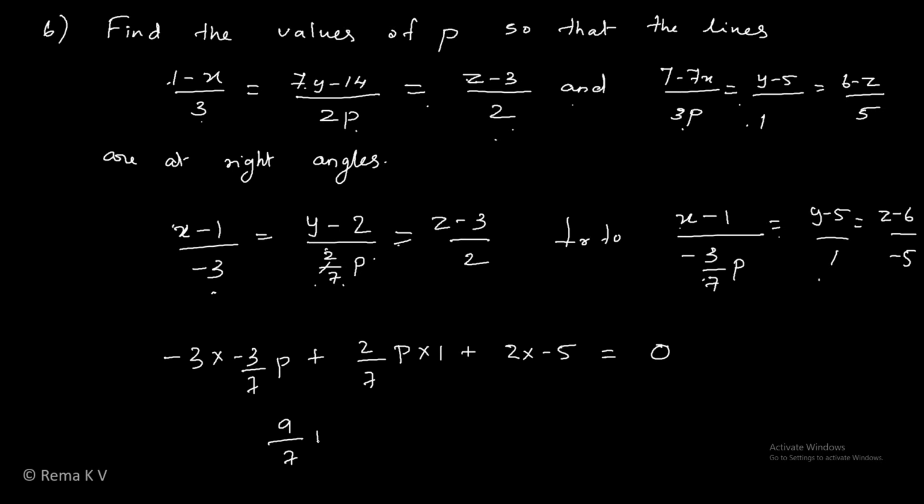This becomes 9 by 7p plus 2 by 7p minus 10 is equal to 0, or you can write this as 11 by 7 p equals 10, which implies p is equal to, cross multiplying, you will get this as 70 by 11. So the value of p is 70 by 11.